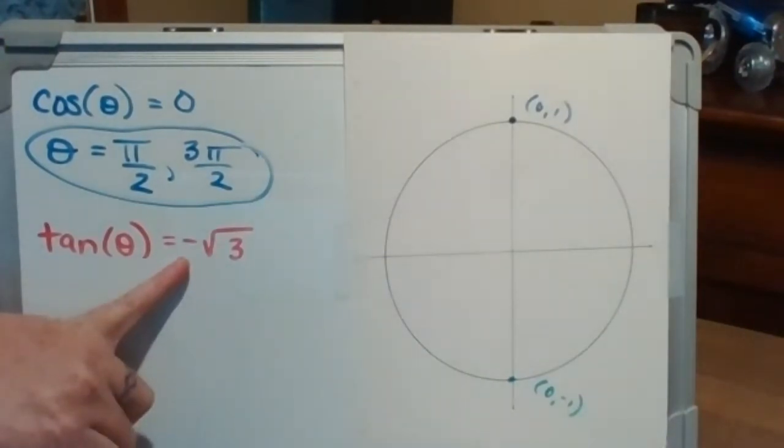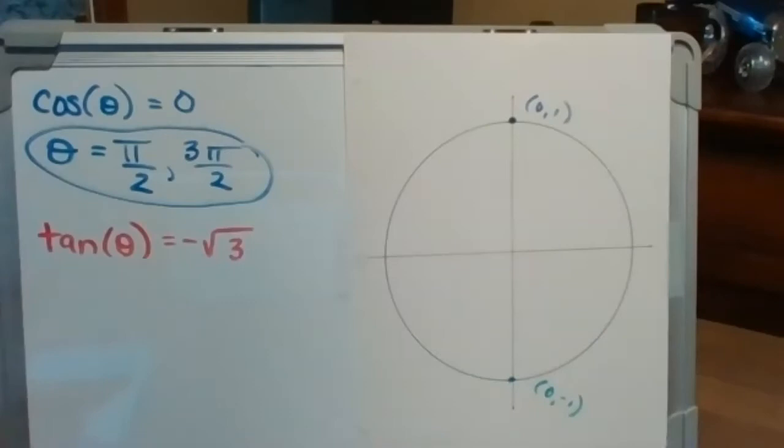If our tangent value is negative, that means one of them has to be positive and one has to be negative. In which quadrants is either x or y positive while the other one's negative? Second and fourth. So I already have in mind that I have to be in quadrants 2 or 4.